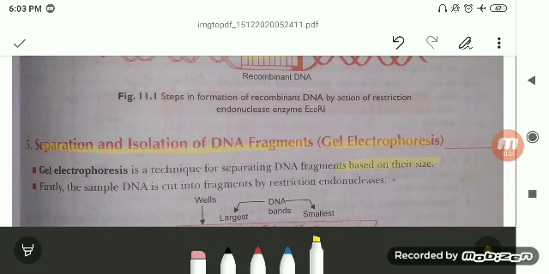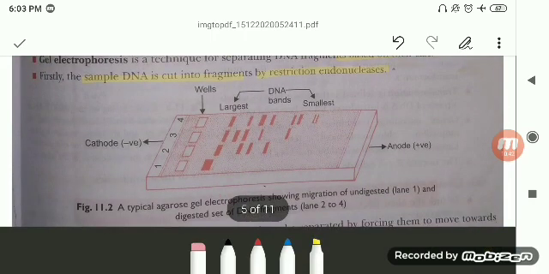Firstly, the sample DNA is cut into fragments by the restriction endonuclease. So you will get various fragments. In this diagram, you can see the agarose gel electrophoresis. Here we have a trough-like structure in which we place the agarose as the medium, which is in the form of a gel.